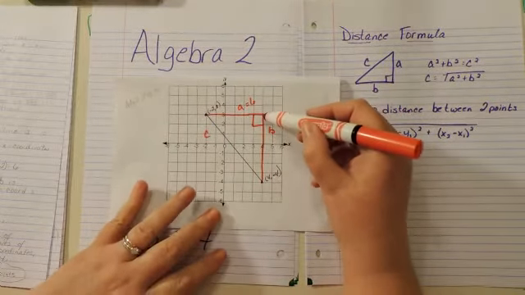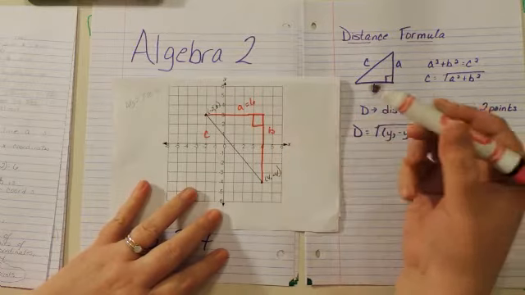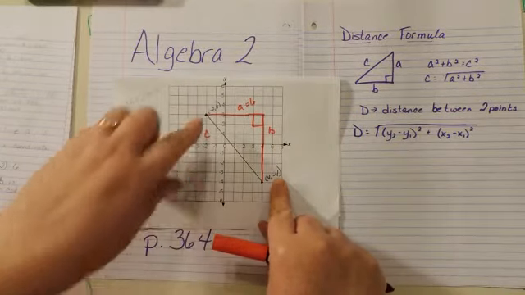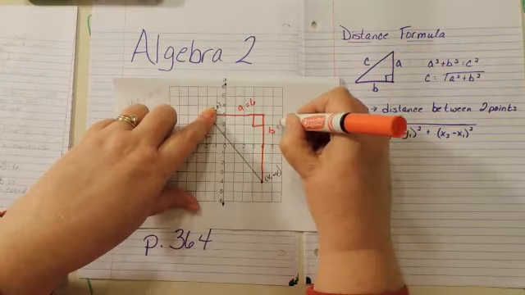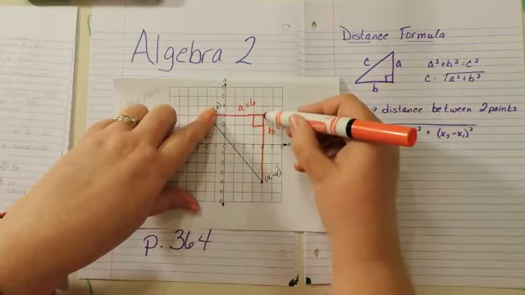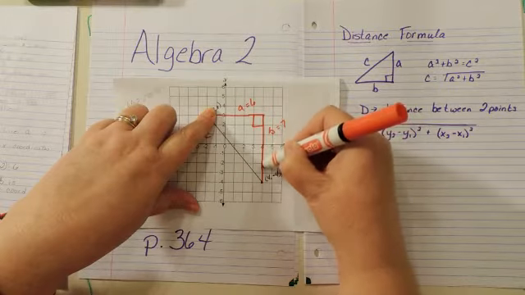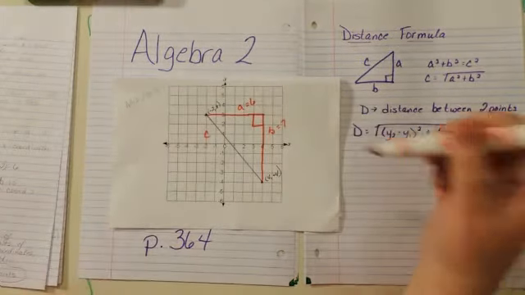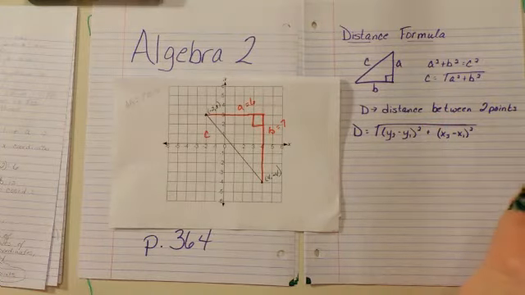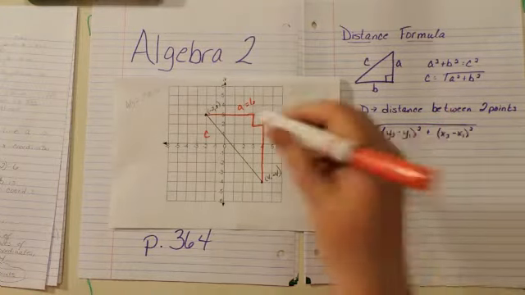This distance from this point to this point is 3 minus -4, which is 7. We can count that. 1, 2, 3, 4, 5, 6, 7. Okay? So the length of A is 6, the length of B is 7, and this is a right triangle.